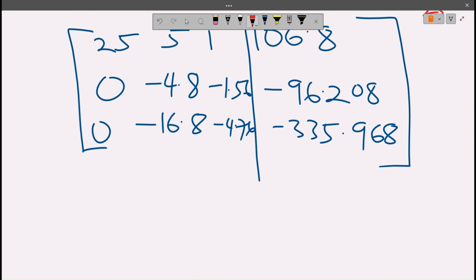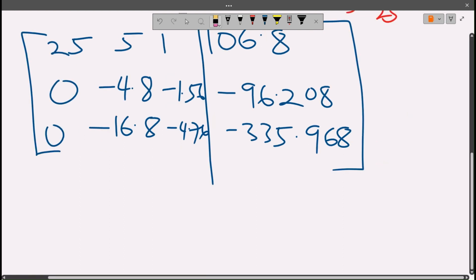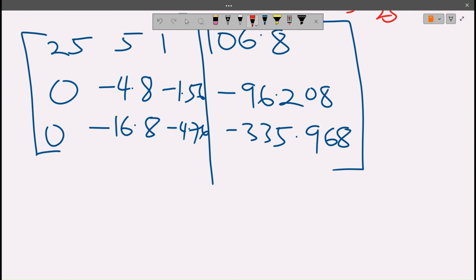Now we still don't have an upper triangular matrix because this place is not 0 yet. So we continue with the forward elimination step. Now we want to make the negative 16.8 equal 0. So our pivot element is going to be negative 4.8. Now we have to perform an elementary row operation on row 3.